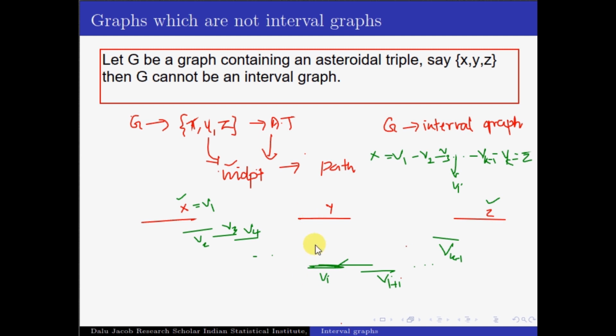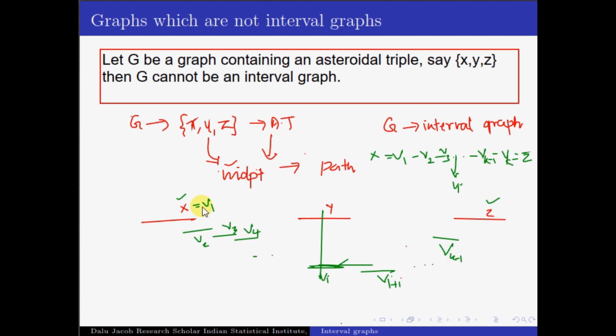We cannot put all the intervals of that path in between over here. So there should exist some vi which intersects with interval y, which means that this vi will be in the neighborhood of y. This is a contradiction to our assumption that all these vertices are not in the neighborhood of the third vertex, which is y. So it is a contradiction to our assumption that x, y, z forms an asteroidal triple.